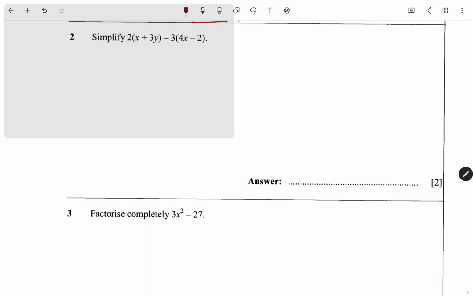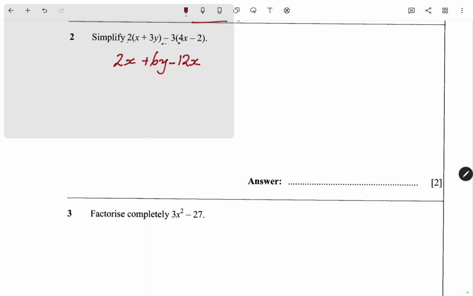Simplify. Again, when you are simplifying, open the bracket. So here we're going to say 2 times x will give us 2x. 2 times 3y will give us 6y. Negative 3 times positive 4 will be negative 12x.